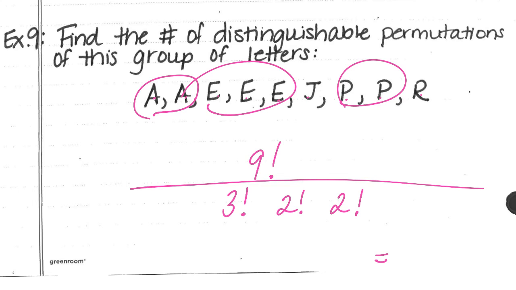I'm going to give you a second to put this in your calculator. Don't forget, if you put this in your calculator, you do want to either open the fraction or open and close a parenthesis in the numerator and open and close a parenthesis in the denominator. So the answer to this is 15,120.